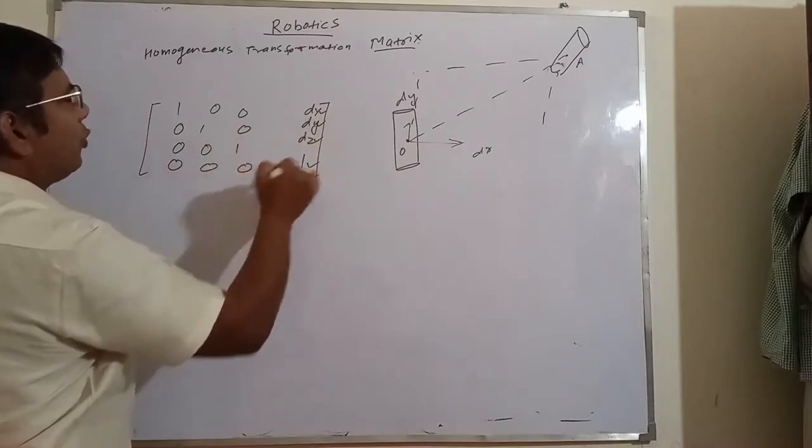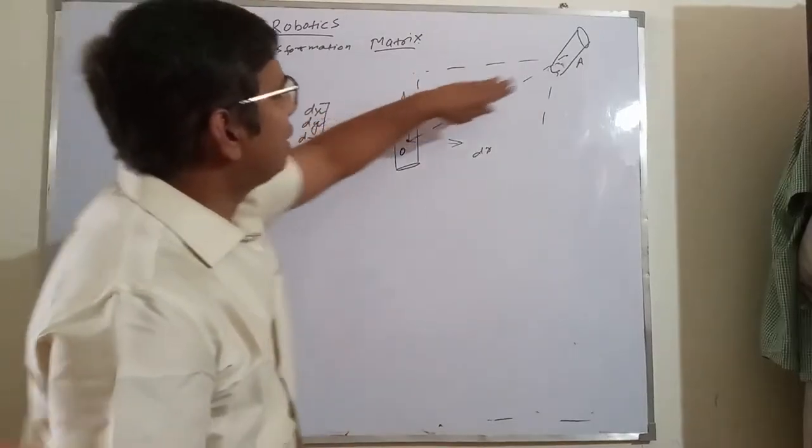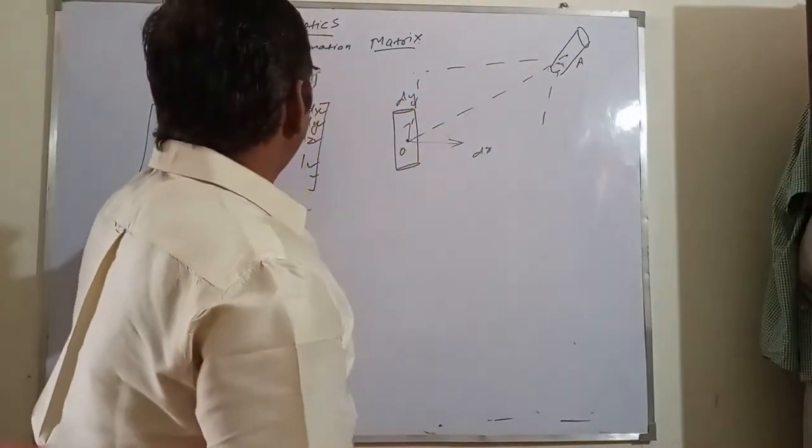So it's a 4x4 matrix. For translation we can see that only three things are there.